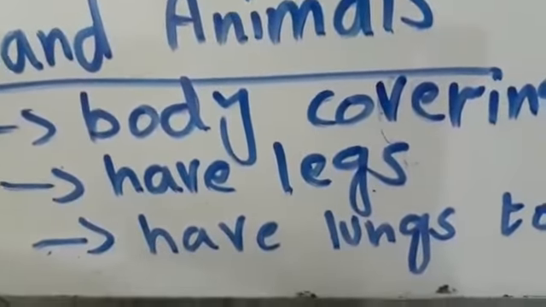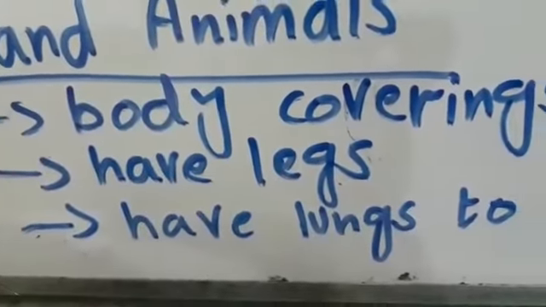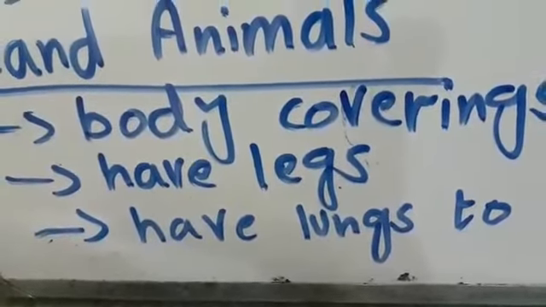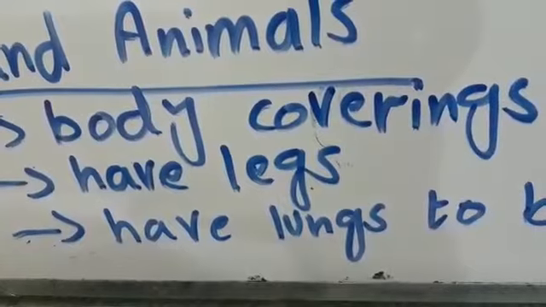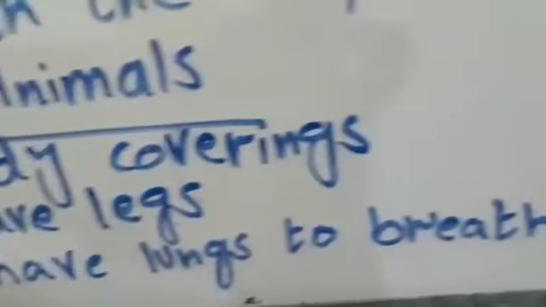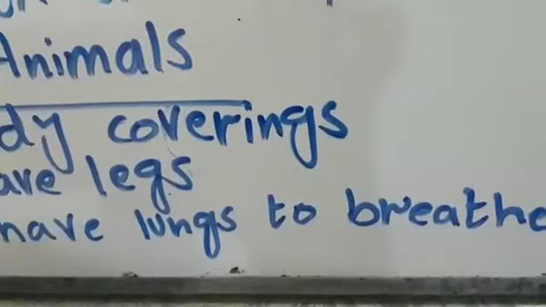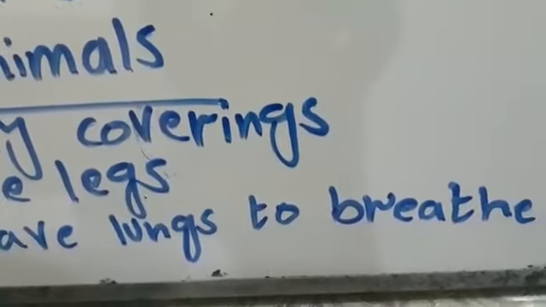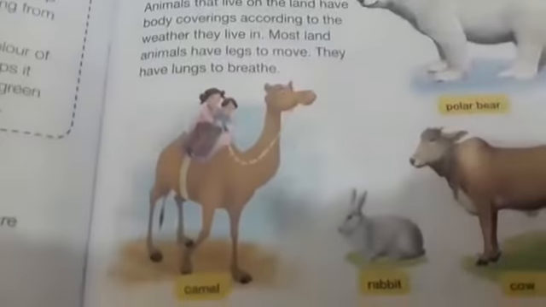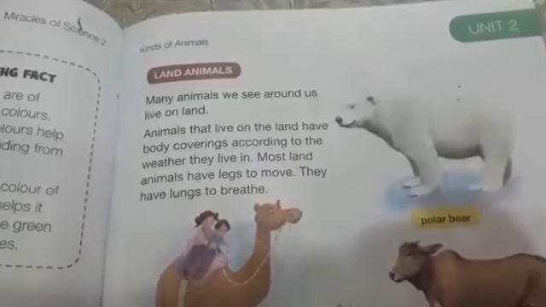The second thing, most land animals have legs to move. They have lungs to breathe. Clear? So we have done both animals in air and land animals. They live on land. You can see the picture clearly, or by reading it will be clear to you.